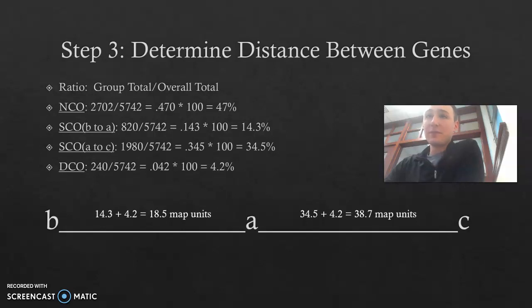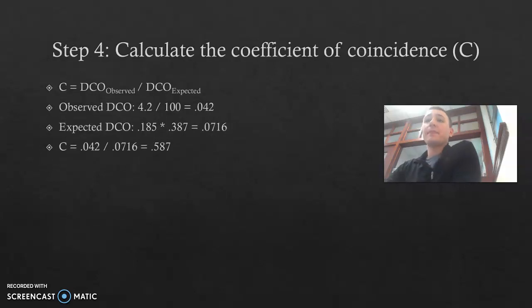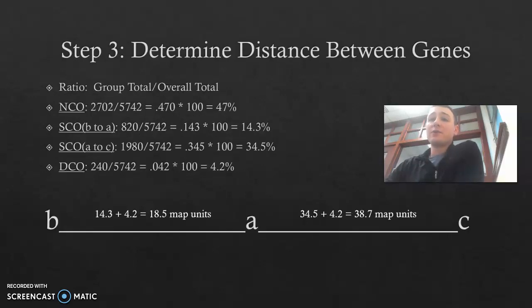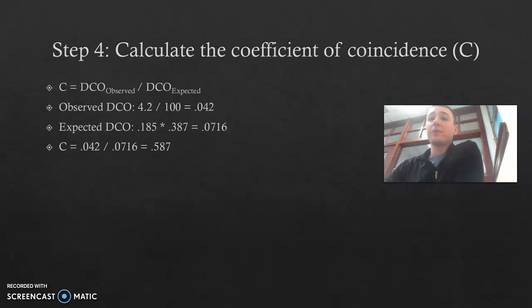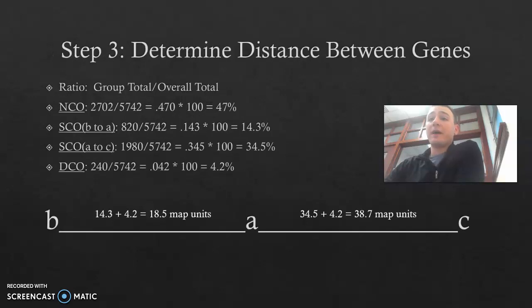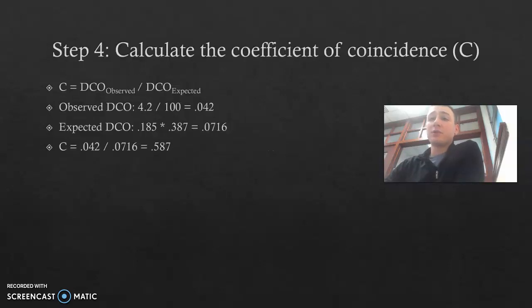So for step 4, calculate the coefficient of coincidence, or C, which is equal to the DCO observed divided by the DCO expected. So if you remember, our DCO value that we observed is 4.2. Got to bring it back to decimal, so 0.042. The expected DCO, if you look back at the values for the map units, you just bring those back to decimals by dividing by 100, and then you multiply them.